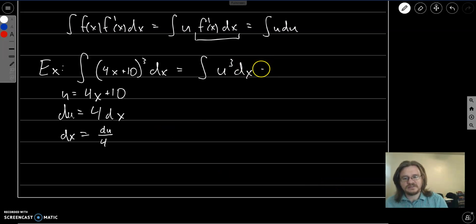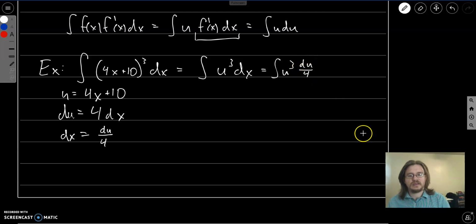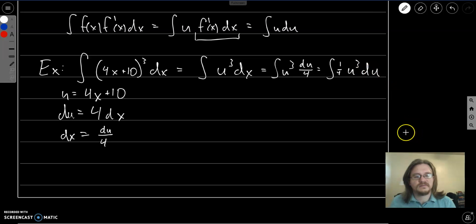So I can make that substitution in here. This is going to be the integral of u cubed. This dx is just du divided by 4. And now I do want to rearrange this just a little bit because it's a bit more helpful. This is going to be the integral of 1/4 u to the third power du. And this is something that we can take the antiderivative of.